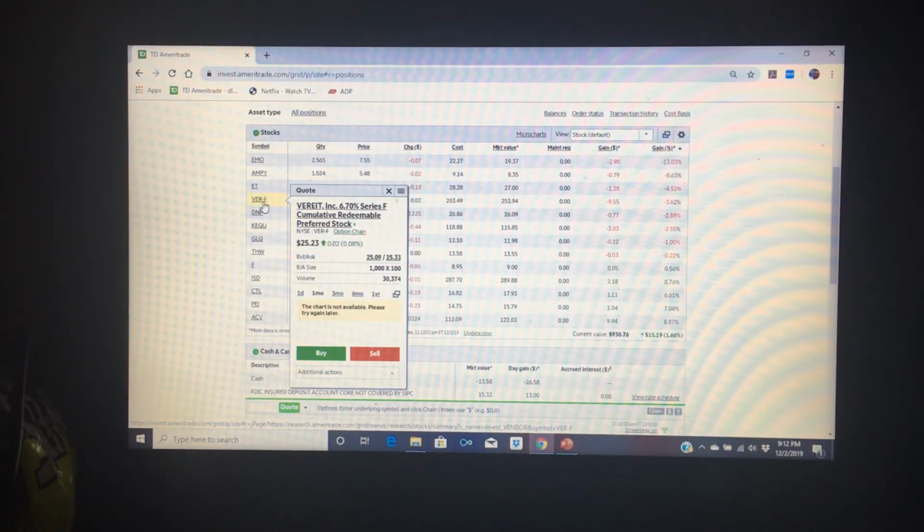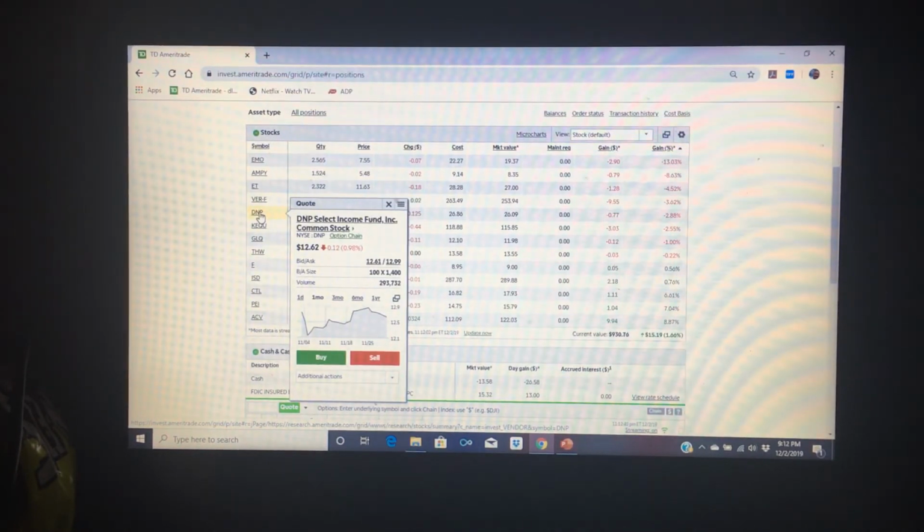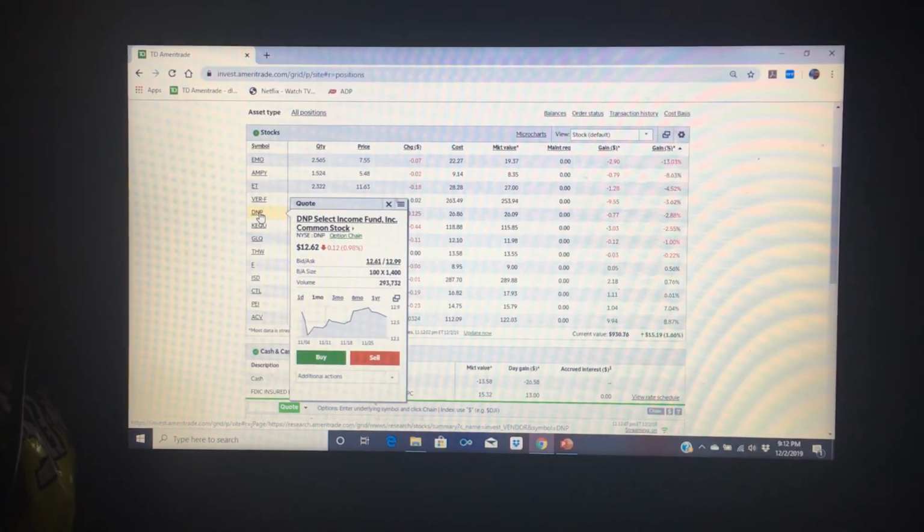It costs a little bit more, but you're getting a higher yield on your money. DNP is a select income fund. It owns multiple stocks. The fund is managed by a finance manager, and the fund is put together to simply create a monthly dividend. This is the one where I got $6.05 1 month and $6.66 the next month.